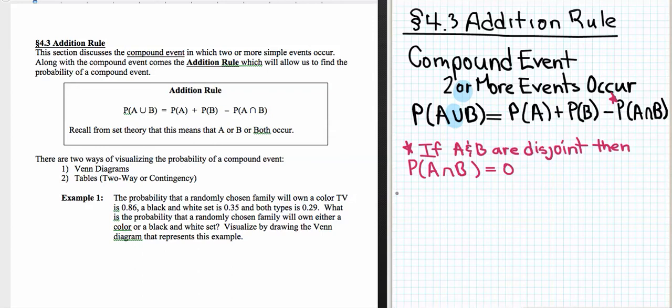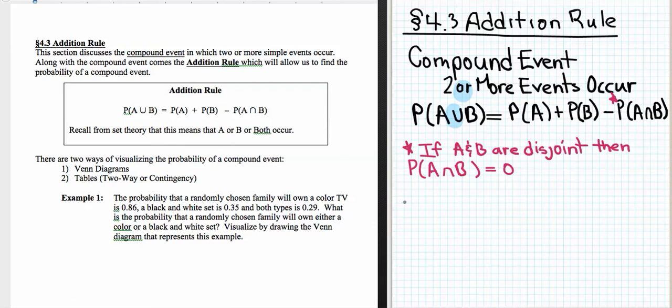Contingency tables are two-way tables, but contingency tables are given that you have two statistically dependent events. We'll talk about that a little bit later. So the first example that we're going to see is going to be based upon a Venn diagram.